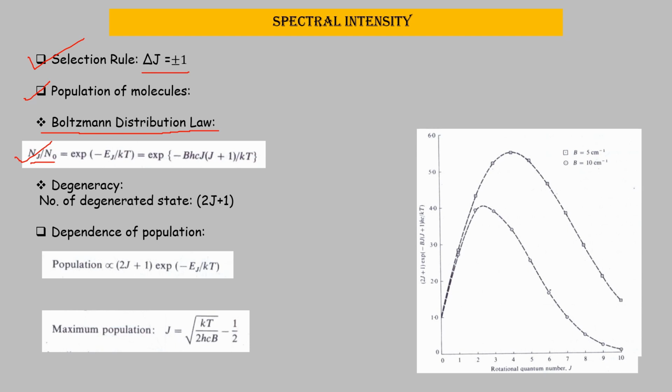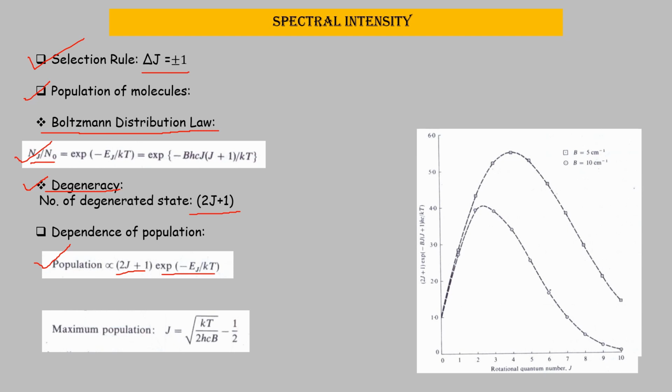The second deciding factor for the population is the possibility of degeneracy in the energy state. In general, each rotational energy level is 2J plus 1 fold degenerate. That means the population depends on both the degeneracy factor as well as the Boltzmann distribution factor.